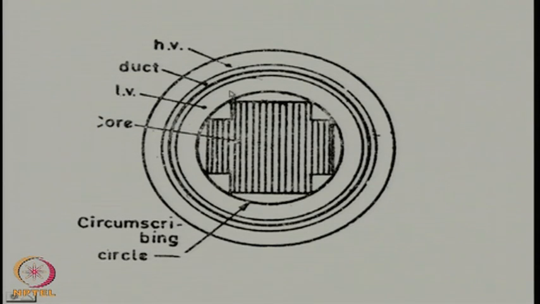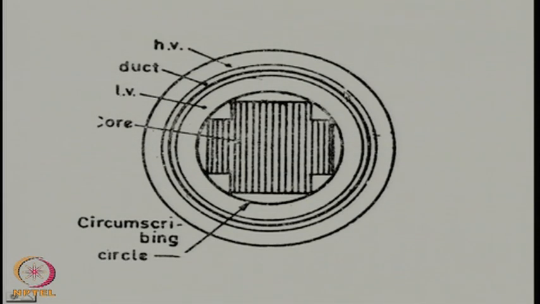and then once the complete low voltage winding is placed, there will be another cylinder which will enclose the low voltage winding, and on top of which the high voltage winding will be placed, by keeping a gap between the low voltage winding and the high voltage winding, which provides for a duct for the cooling medium.